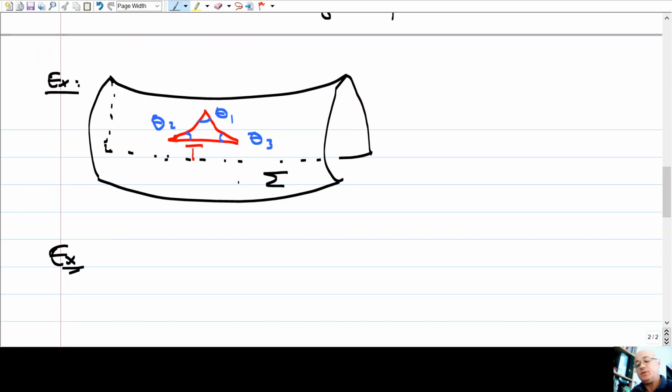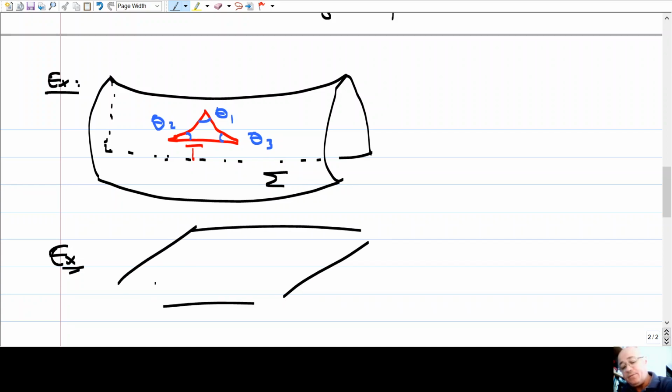Here, the surface has negative Gaussian curvature, and you see that the sum of the three angles is less than pi actually. But if you take a usual plane, and then take any triangle, well, we know that the sum of interior angles is just pi, of course.